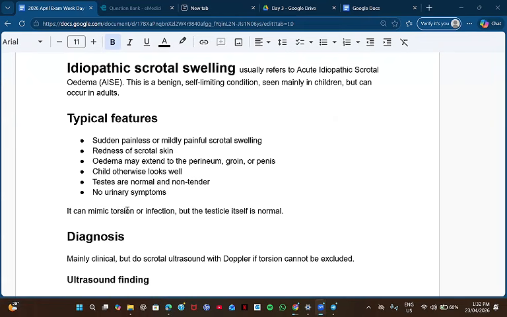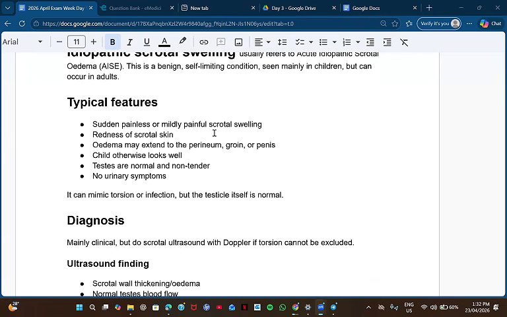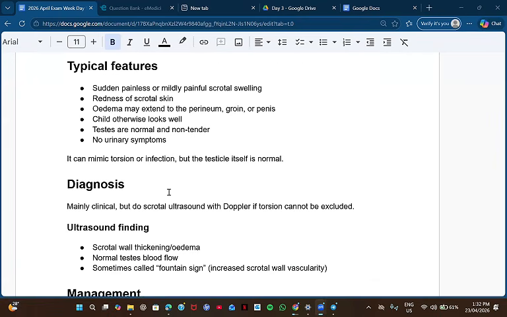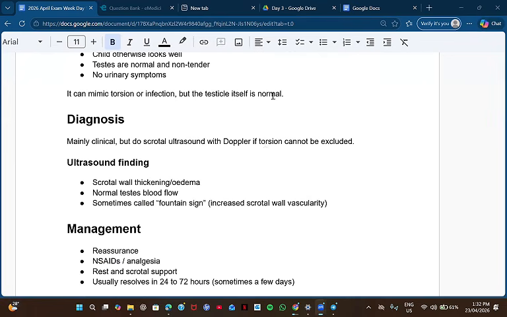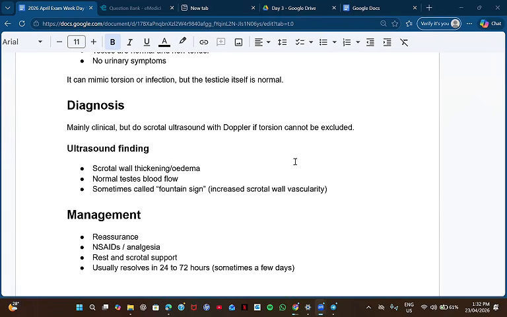The typical features: sudden, painless or mildly painful scrotal swelling, redness of the scrotal skin, and edema that may extend to the perineum, groin, or penis. The child otherwise looks well, the testes are normal and non-tender, with no urinary symptoms. It can mimic torsion or infection. The diagnosis is mainly clinical, but scrotal ultrasound with Doppler is used if torsion cannot be excluded initially, right?